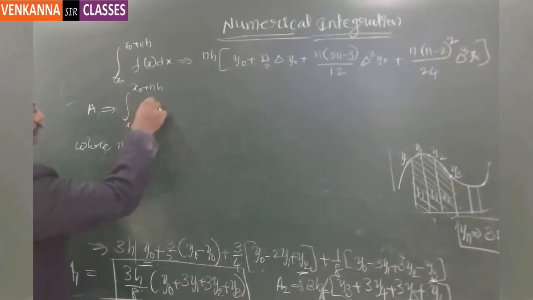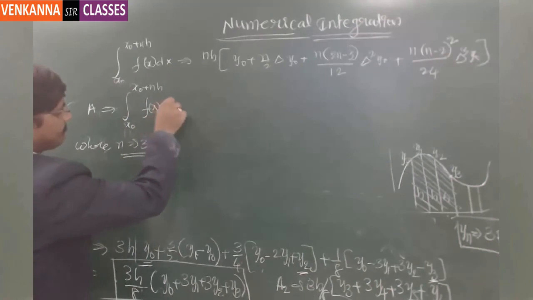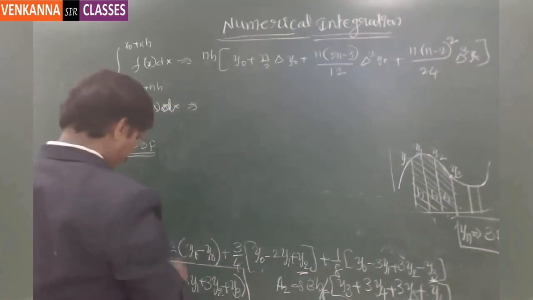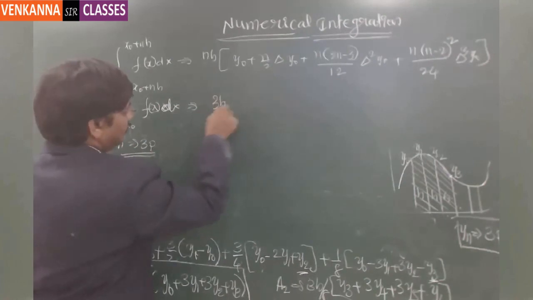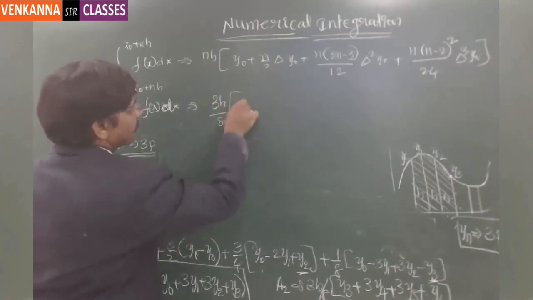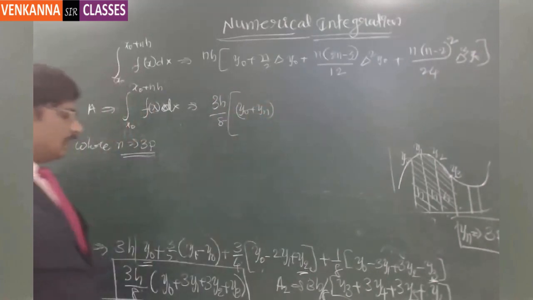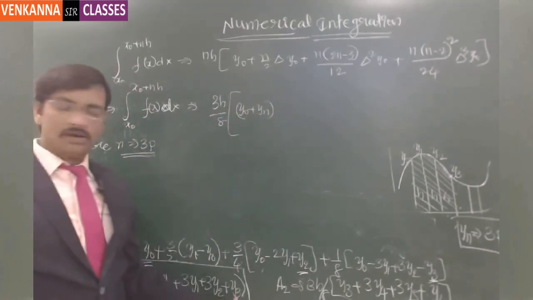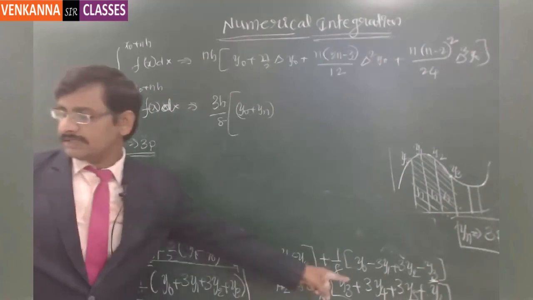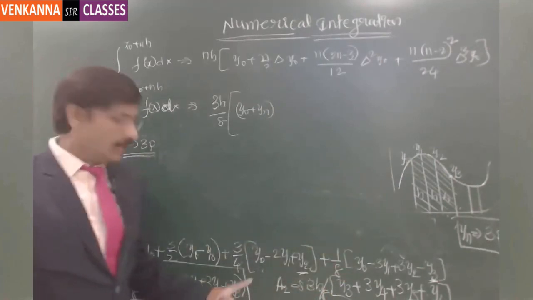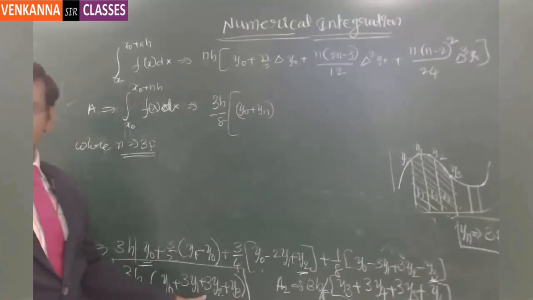Now f of x dx is equal to 3h by 8 as a factor, and then y0 plus yn will always be there. And if you notice, the multiples of 3, y3, y6, y9, like that, are coming twice, and the rest of the values are coming thrice.